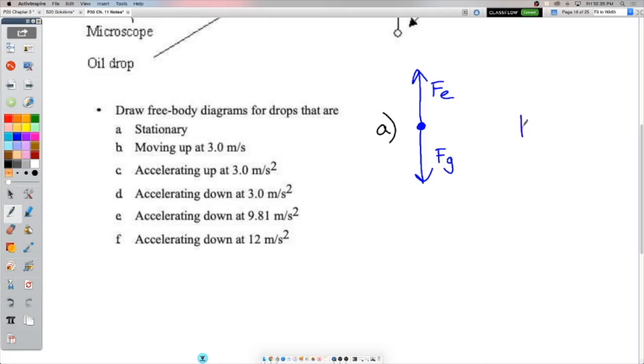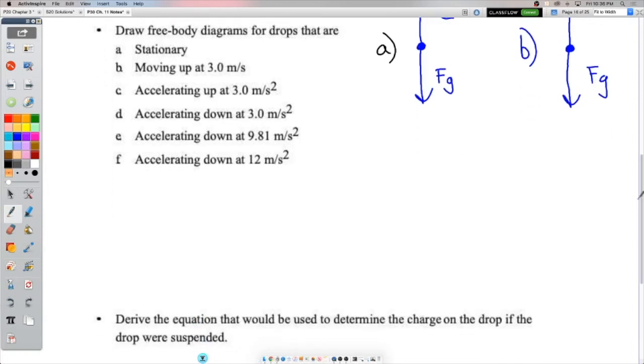If it's moving up at 3 meters per second, don't make the mistake of saying that the electric force would be larger up, because it wouldn't. It's not accelerating up. The forces aren't unbalanced. It's just moving up. Is it accelerating? No. So there's no net force. Whatever electrostatic force there is up, there must be an equal and opposite force of gravity down.